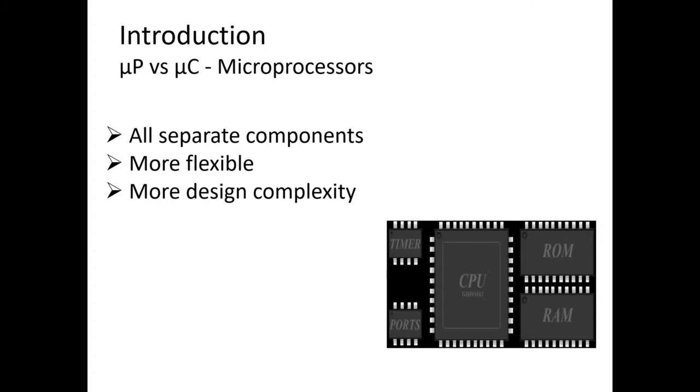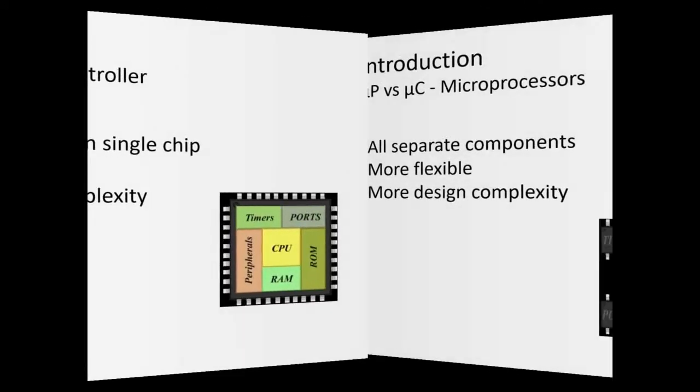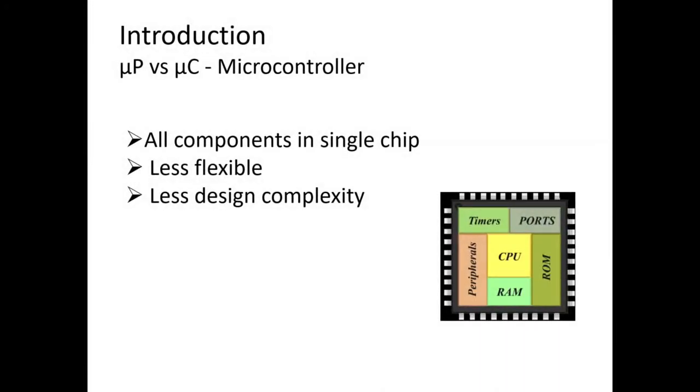That's why we integrate all separate components, and the processor is more flexible but has more design complexity. In a microcontroller it is the opposite: we can use timers, extra input output ports, peripherals, central processing units, RAM or ROM, everything on a single chip. That is the main difference between a controller and a processor. Also, a controller is less flexible with less design complexity.